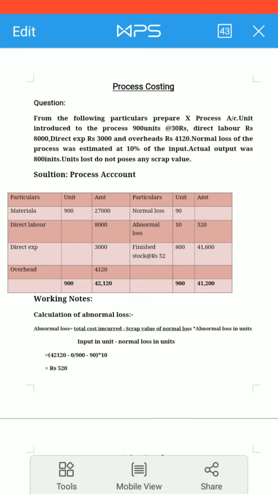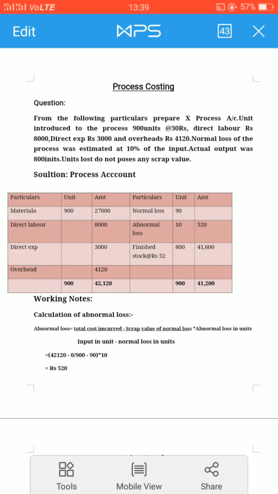Therefore we need to find out the value of abnormal loss. For the calculation of abnormal loss there is an equation: total cost incurred minus scrap value of normal loss, divided by input in units minus normal loss in units, into abnormal loss in units.